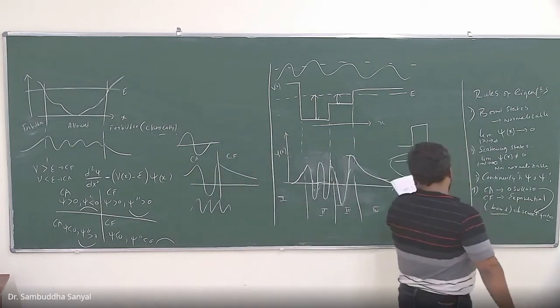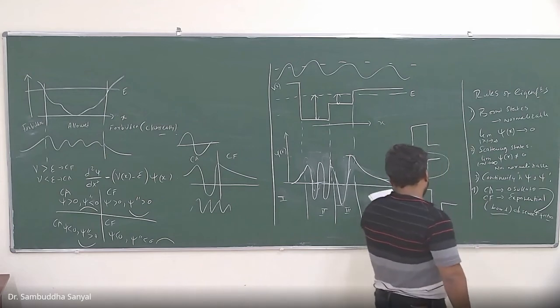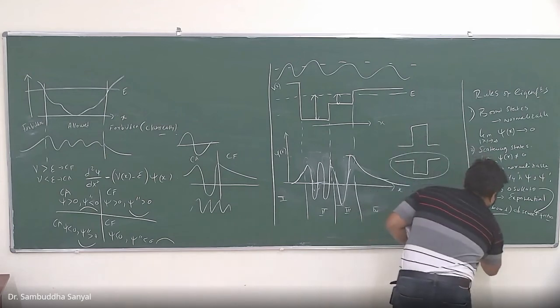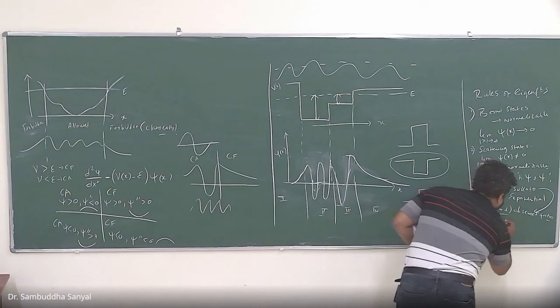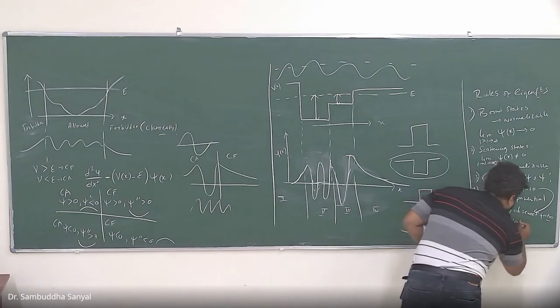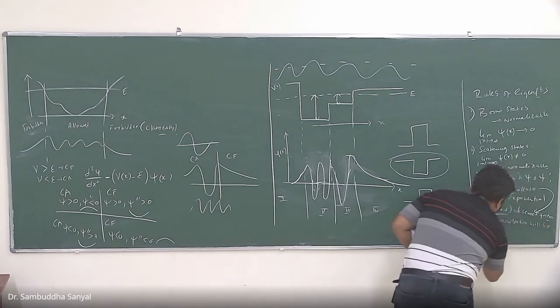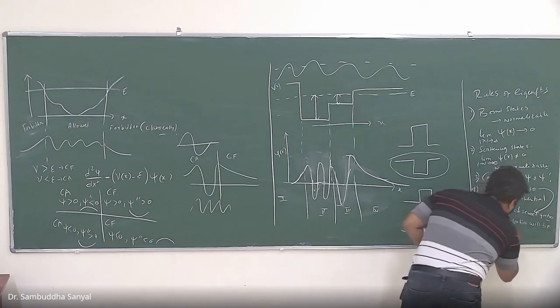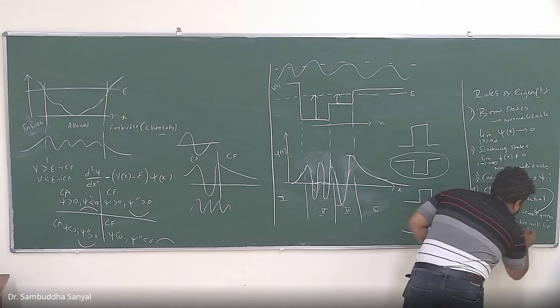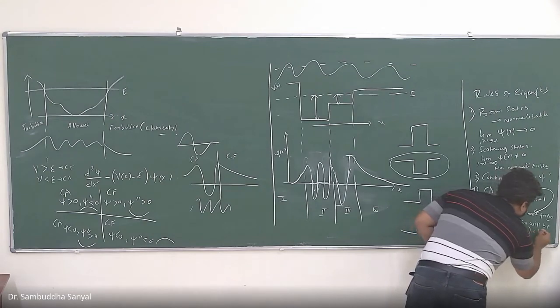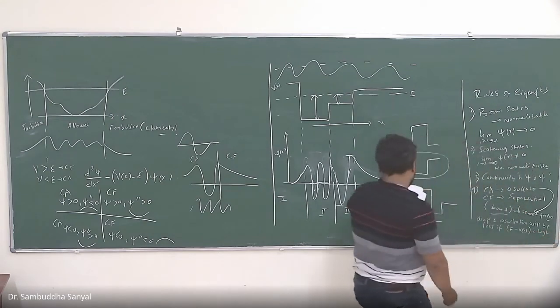And forbidden will be exponential, which I already wrote. And the amplitude and oscillation will be less if E minus V(x) is high, and vice versa. That's rule number 4.